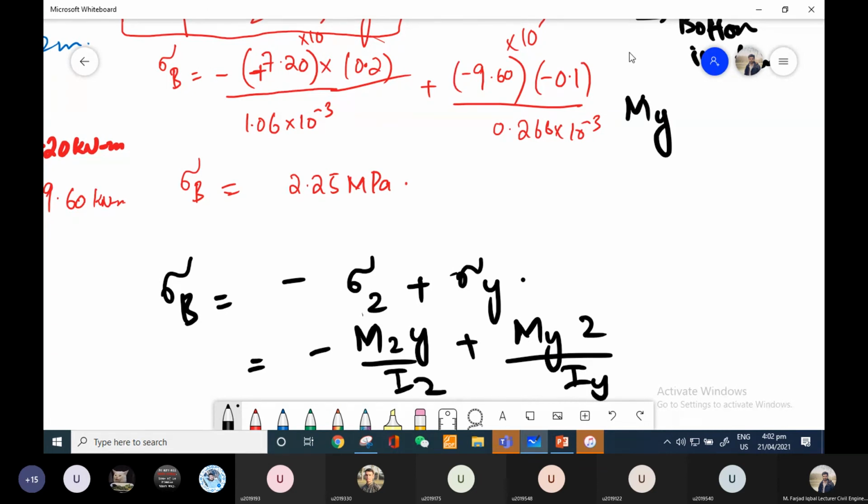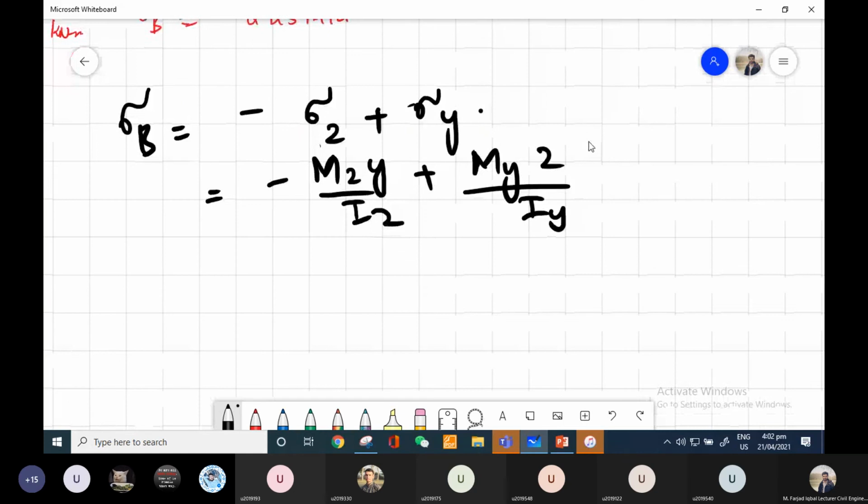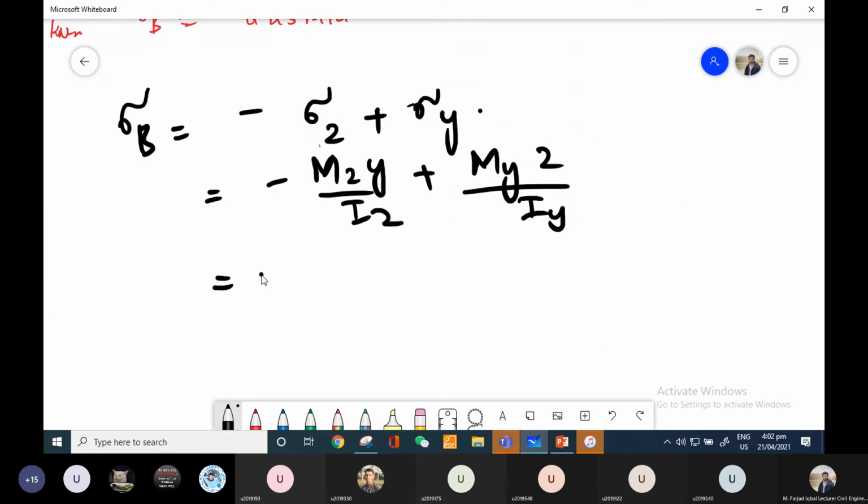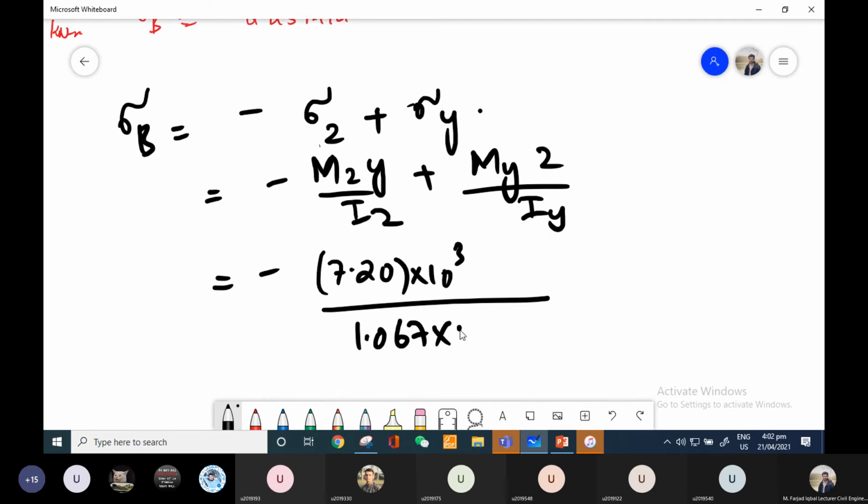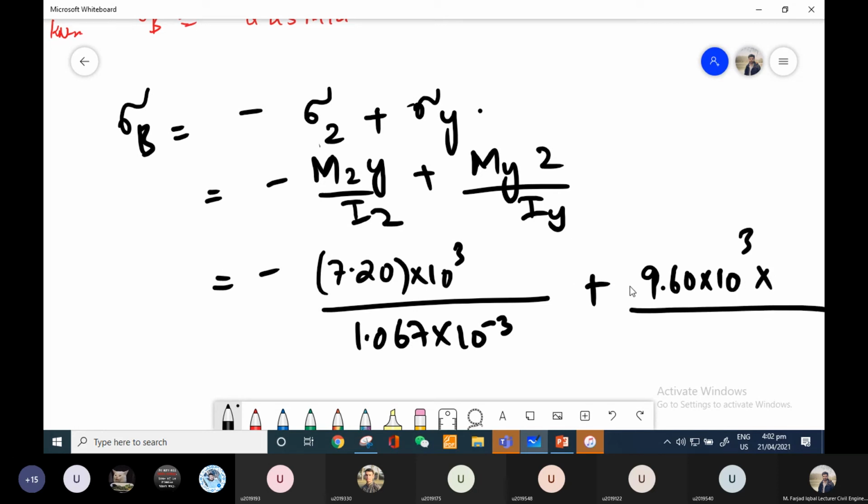Mz I calculated as 7.20 into 10 raised to power 3. Iz we calculated as 1.067 into 10 raised to power minus 3, plus again My was 9.60 into 10 raised to power 3 divided by Iy, which was 0.266 into 10 raised to power minus 3.